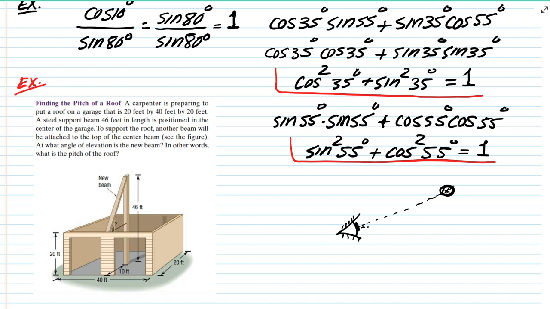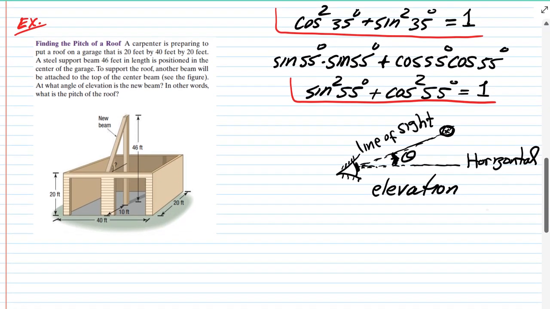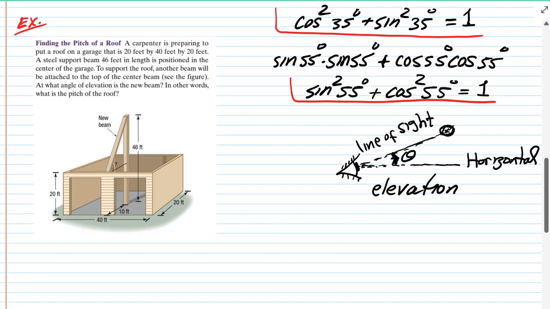The angle that your line of sight makes with the horizontal, this is the horizontal, is called an angle theta. The angle that your line of sight makes with the horizontal is called an angle of elevation. Elevation, because you're looking up. The object, actually, not you, but the object is elevated.